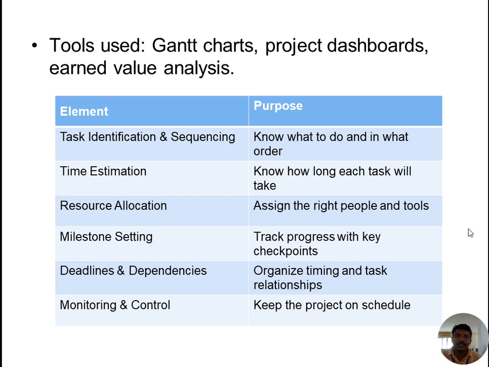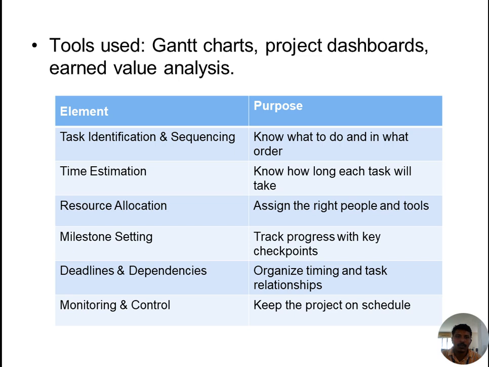And the tools used: Gantt chart, project dashboards, earned value analysis. Elements and purpose: here the table shows the elements in the first column and the purpose in the second column. Task identification and sequence: know what to do and in what order.